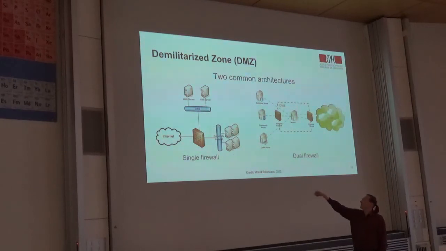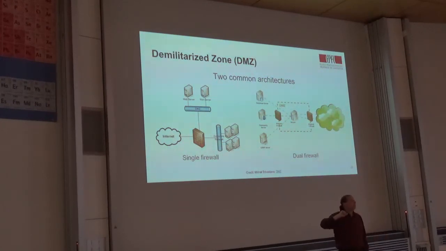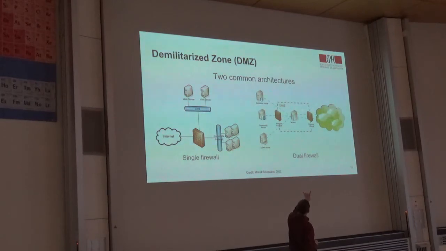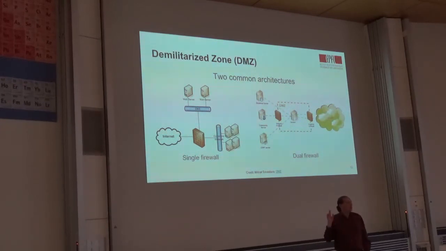You can, for example, just implement it with one front-end switch, router, firewall between the internet, the DMZ, and the rest of the corporate network. Or you can implement the DMZ as something that's wedged between two separate firewalls, an internal firewall and an external firewall, like in the other picture.